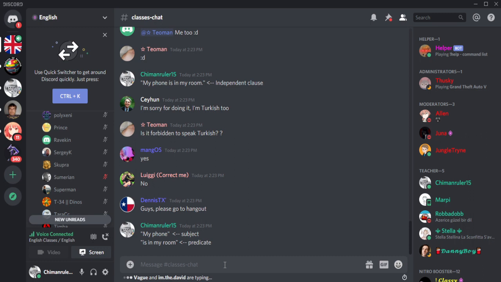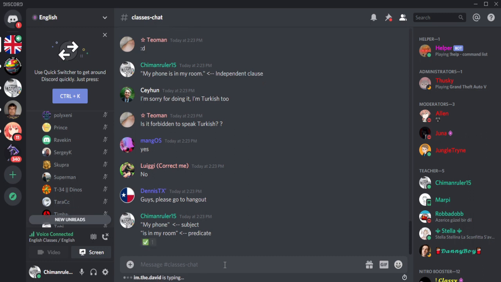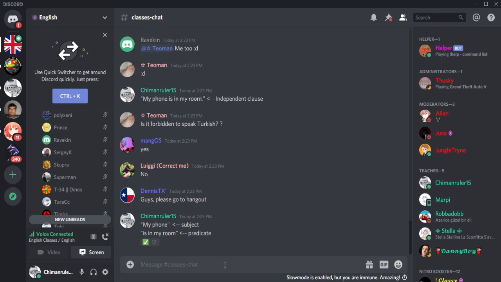And the predicate is basically everything that comes after the subject. The verb, the prepositional phrases, all that stuff. So that's what a clause is. It has a subject and a predicate, usually. An independent clause is a clause that can stand on its own. In other words, it forms a complete thought. So I already typed up an example up there. My phone is in my room. That's an independent clause because it can stand on its own. It's a complete thought and a complete sentence.